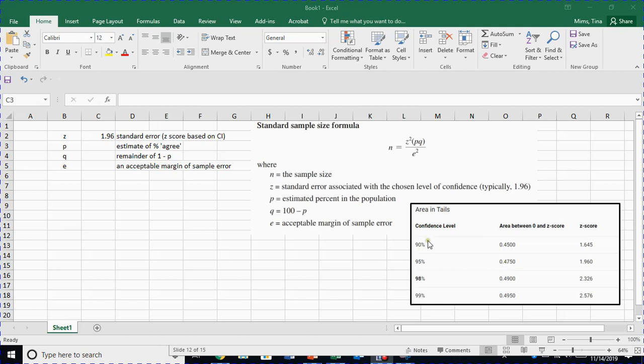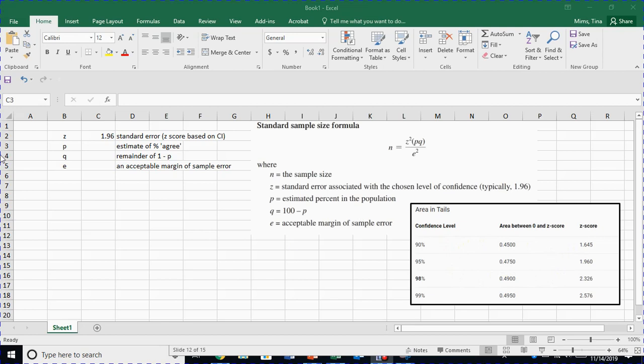So now you can see if we drop down to a 90% confidence level, well, we have a 10% chance of not estimating the true average, true mean of the population with our sample. So that's why it's important that we have the background information on this.